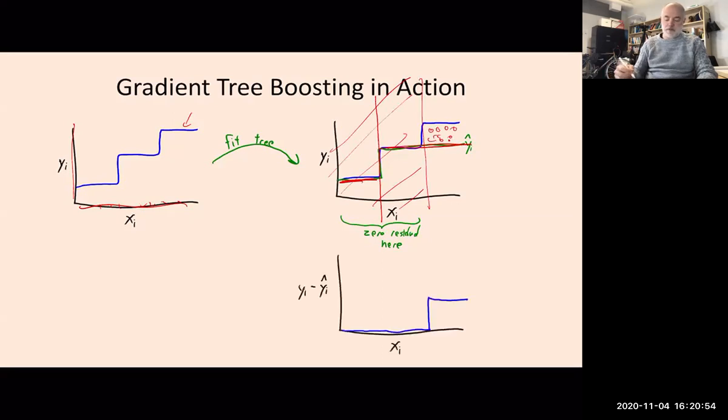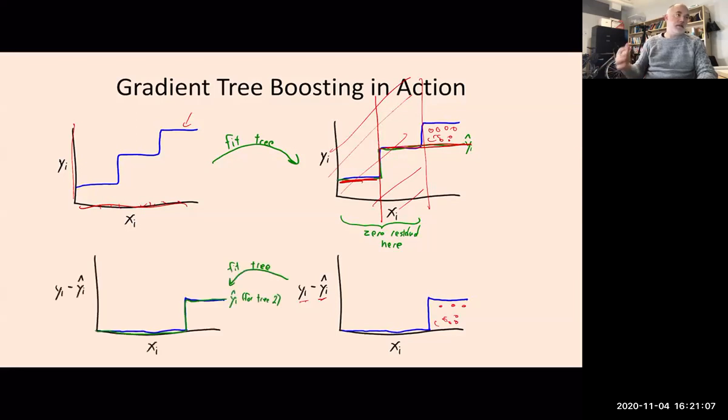If we subtract the prediction from the true label, then the residual is here, and we use this as the function that we try to fit using the second tree.